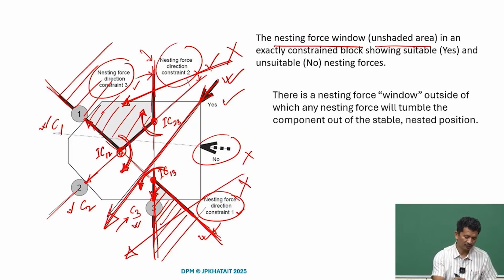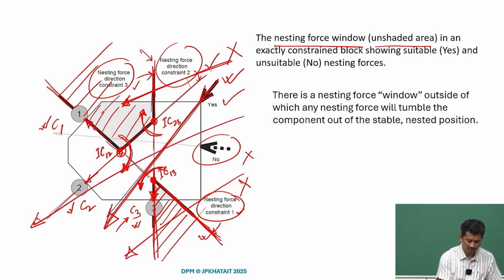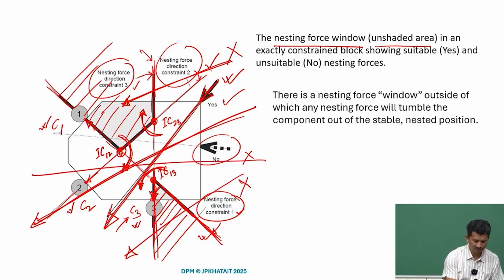It complies with all three requirements. It gives you all three moments at the same time. So, it is a valid solution. Even this force is also fine, and this force is also fine. As long as it does not pass through the shaded area, it is a valid solution.